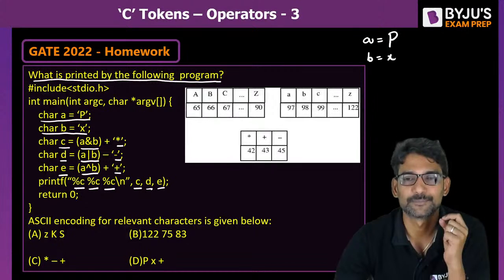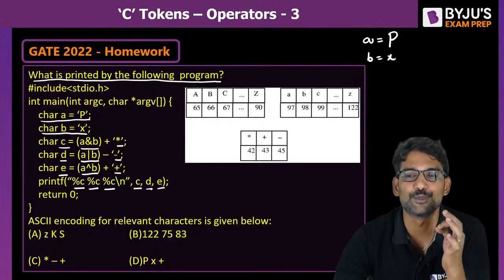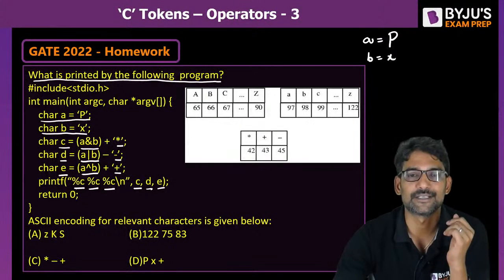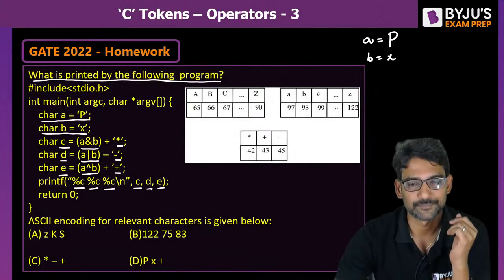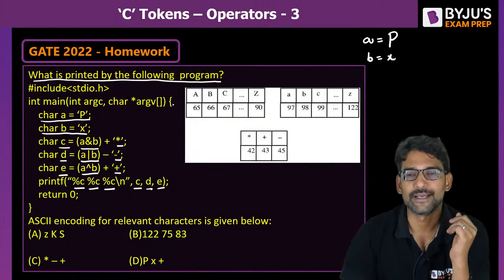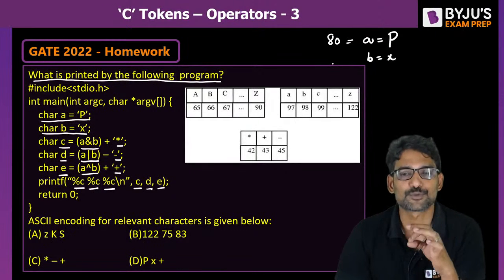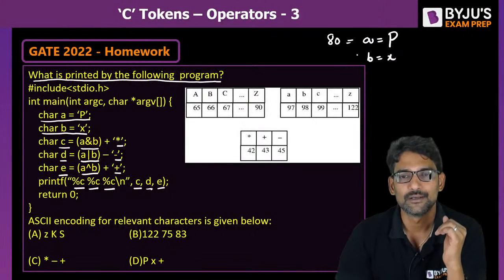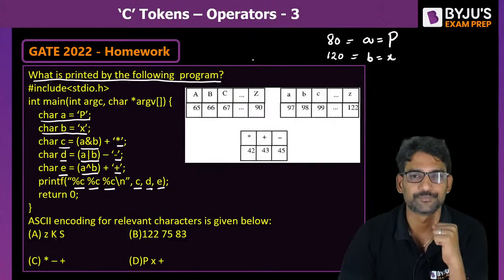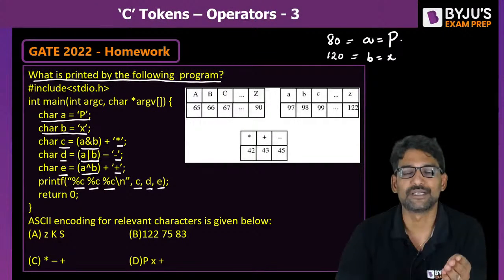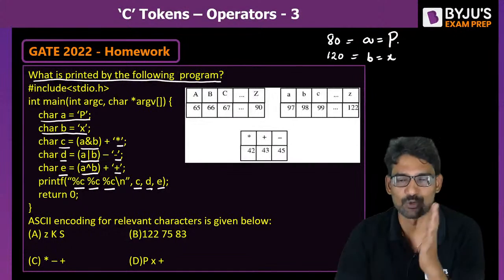It would be 80. So its ASCII value would be 80. And small x ASCII value would be 120, because small a is 97, small b 98, and so on.